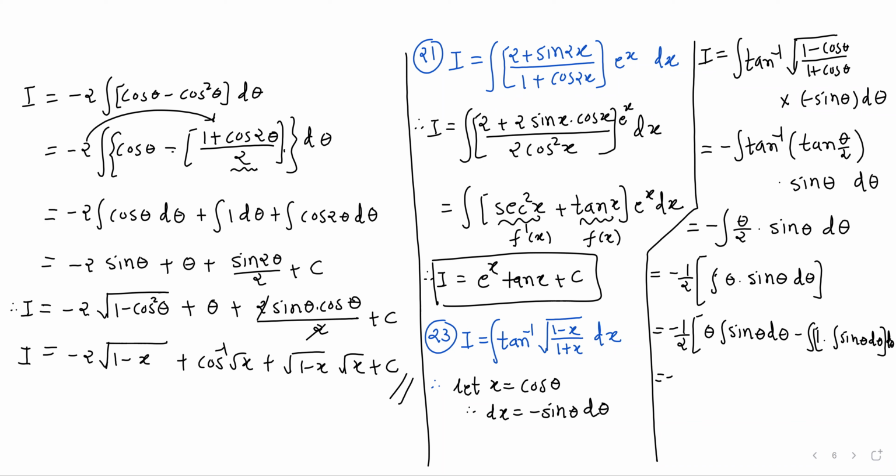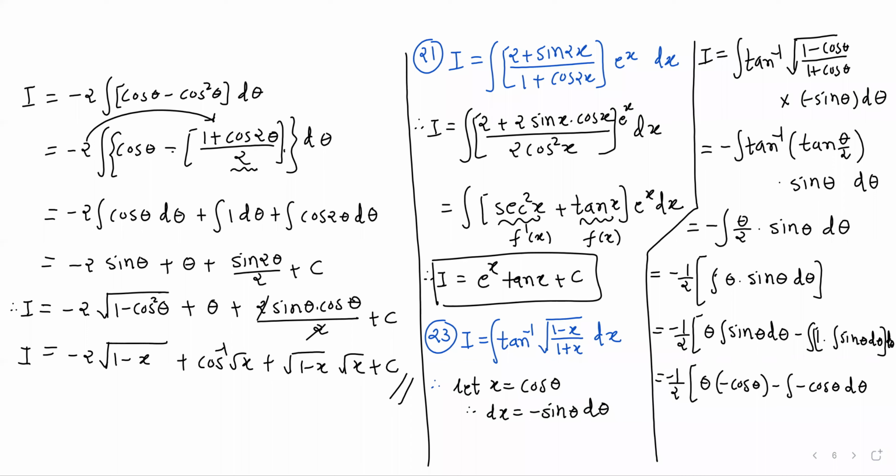So minus 1 upon 2 theta. Again, please remember, integration of sin is minus cos. So minus cos theta minus integration of minus cos theta d theta.